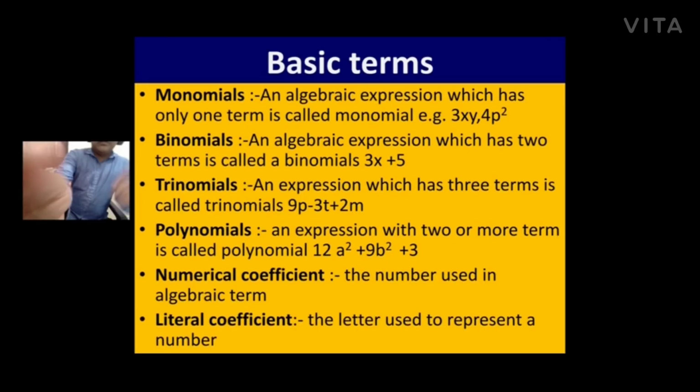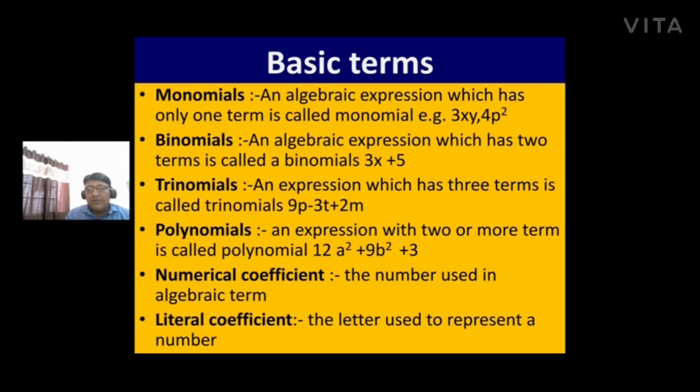Now some more basic terms. Monomials. What are monomials? A monomial is an algebraic expression which has only one term. For example, 3xy, 4p square. So these are monomials. A binomial is an algebraic expression which has 2 terms.